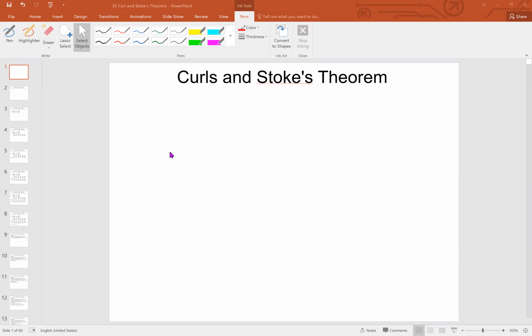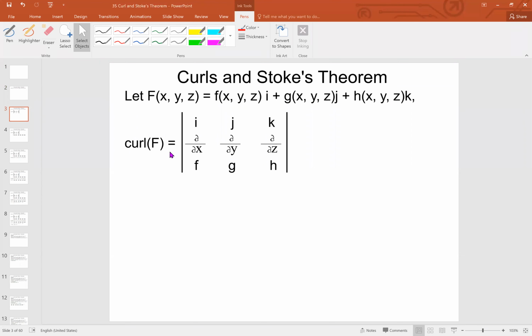Given a 3D vector field, think of flow fields or force fields, gravitational force fields in three-dimensional space, we define the following vector field associated with it to be the determinant of this matrix.